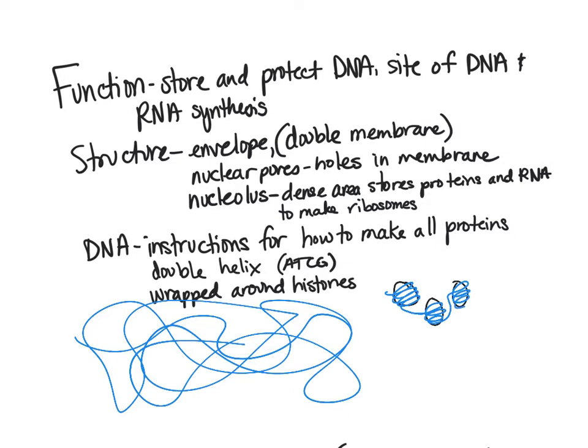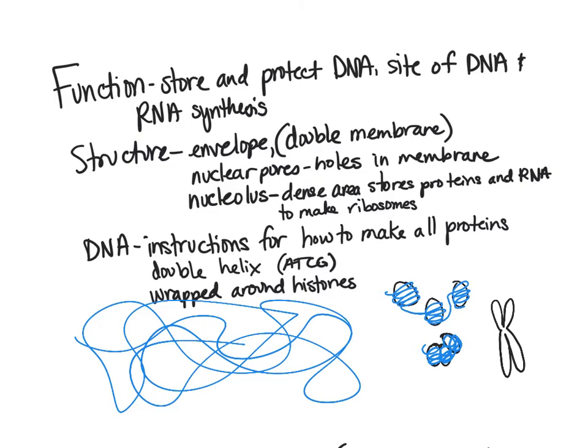Then we can wrap the histones that are covered in DNA around again, and it becomes even more compact. We can take our big clumps of histones and wrap them again and again and again. When we get them really tiny and compact as much as we can, they end up looking something like this.